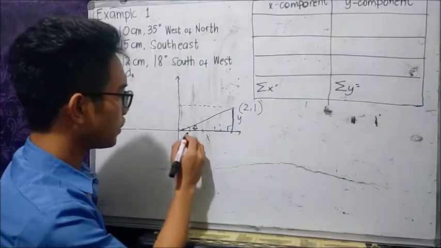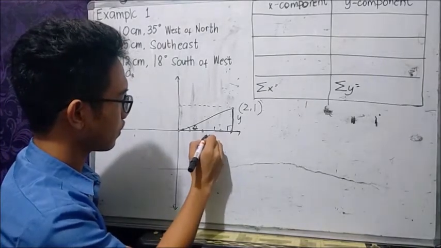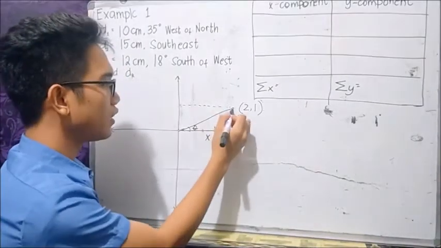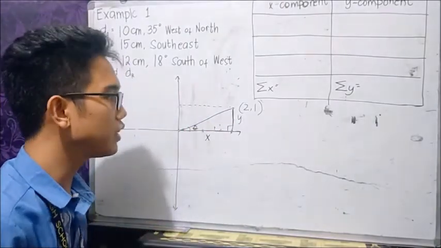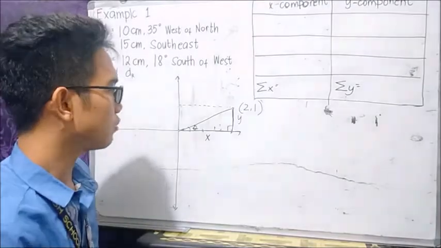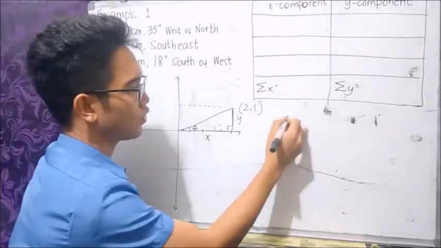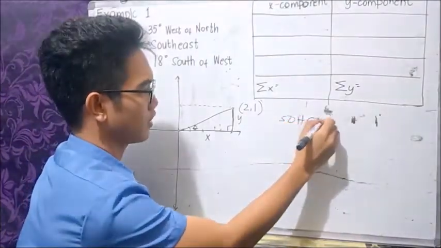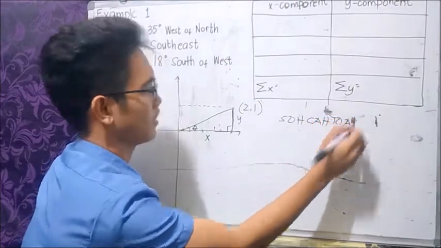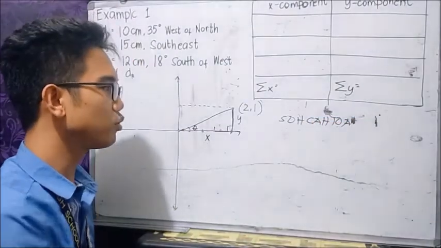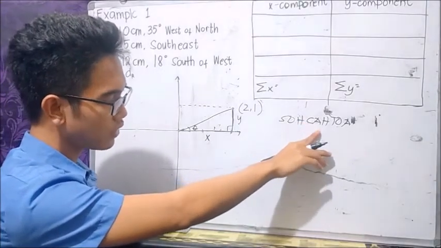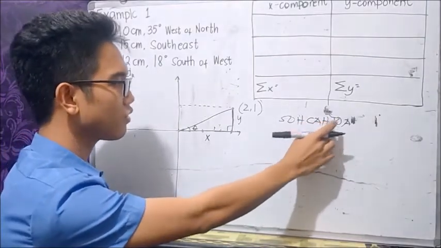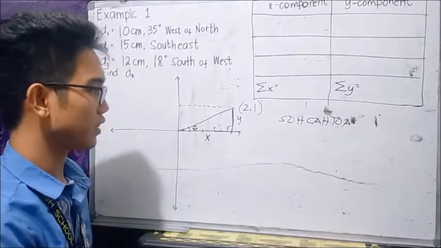So in equation, we have this side of the triangle, which is what we call the hypotenuse. Now remembering your right triangle trigonometry, we have your SOHCAHTOA, or sine is equal to opposite over the hypotenuse, cosine is equal to adjacent over the hypotenuse, and tangent is equal to opposite over adjacent.